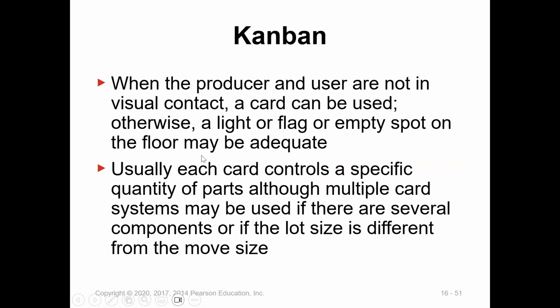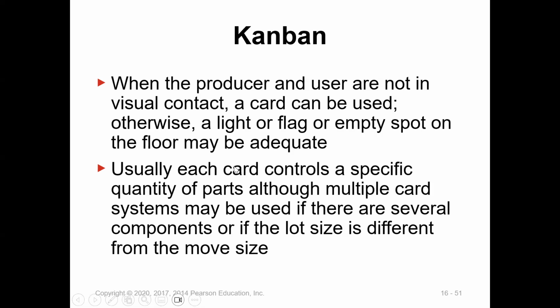When the producer and user are not in visual contact, a card can be used. Otherwise, a light. There should be visual contact, or contact in one way or another, between the people who are in the manufacturing facility.